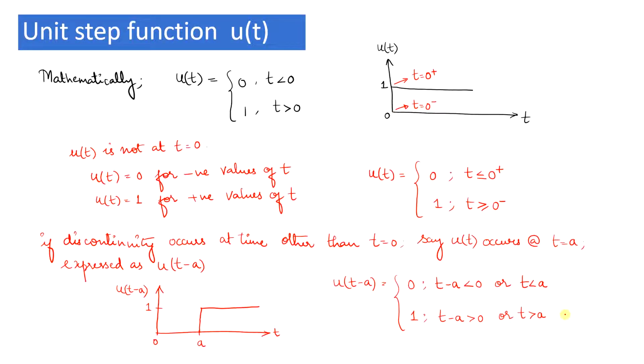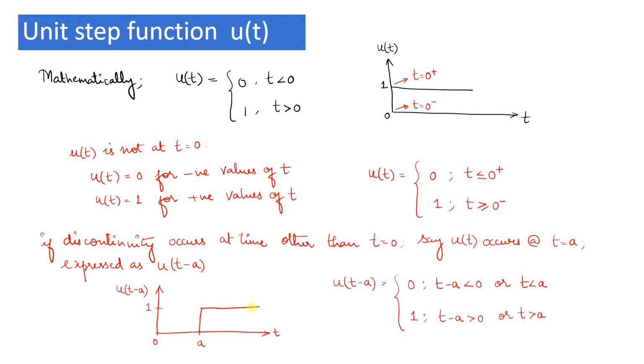So basically, if you have represented a signal u of t minus a, you can see this signal u of t is delayed by the time a. Okay, it has been delayed by the time a.